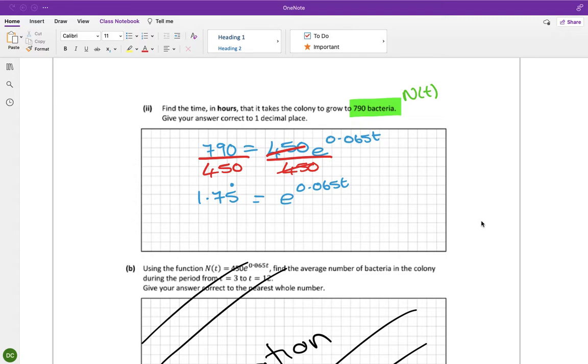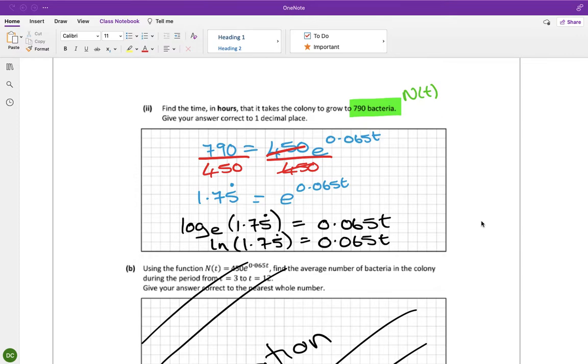Log to the base e: the answer becomes the argument, and the power becomes the answer. The natural log, ln, of 1.75 recurring equals 0.065 t.